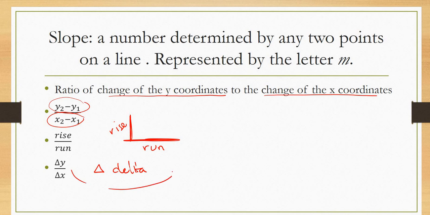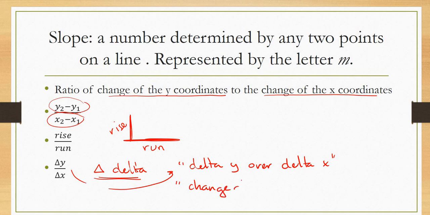So we read this as delta y over delta x. And in math, the Greek letter delta means change. So this is also saying the change of y over the change of x. So just another symbol or notation that we can use for slope.